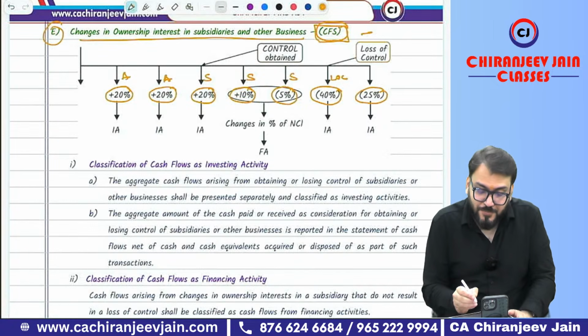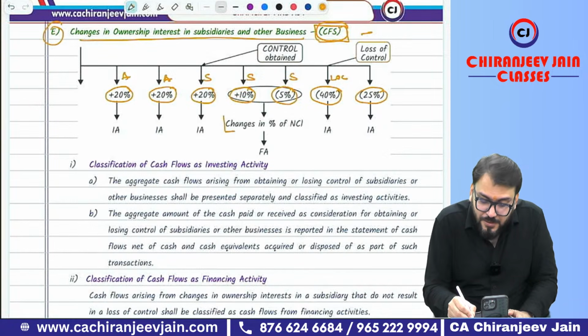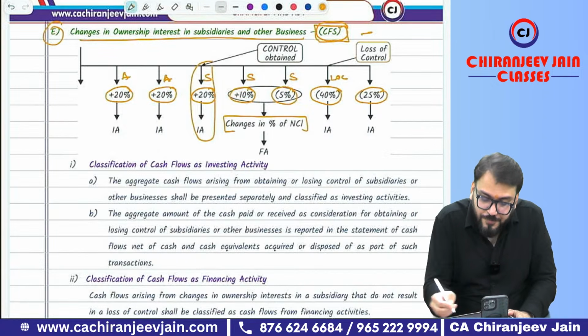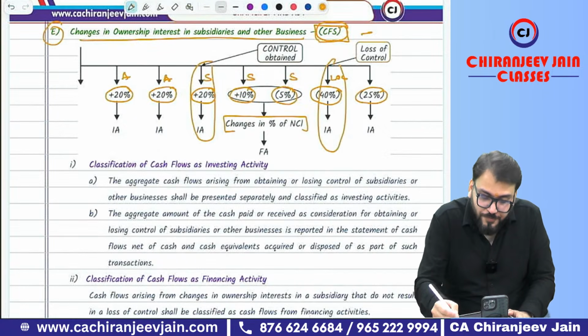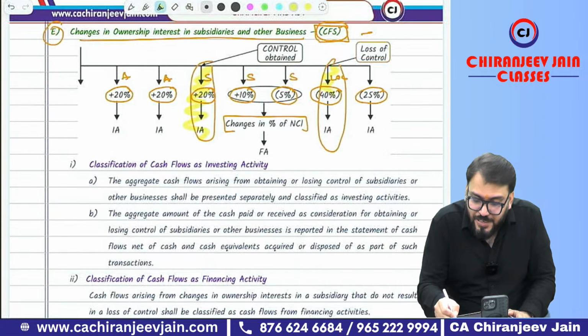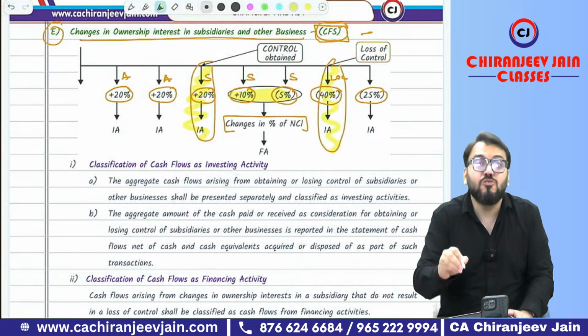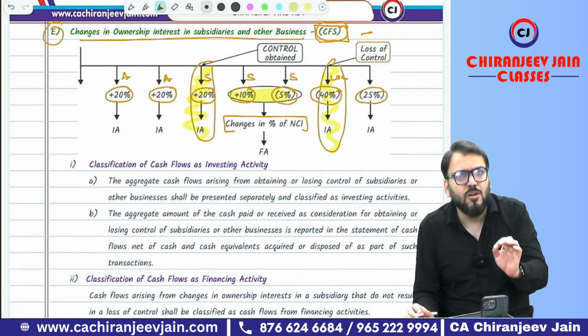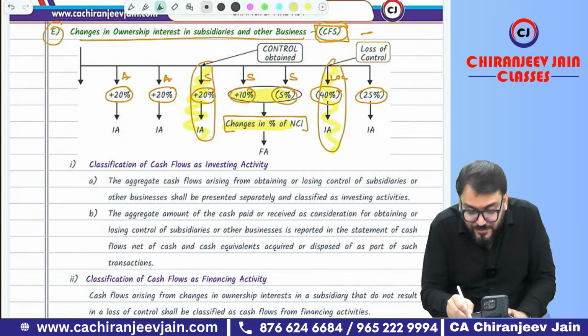Now, at this point the control was obtained, and here there was loss of control. Are you getting what I am saying? So the changes in between are changes in non-controlling interest, and non-controlling interest is equity. Therefore, this will be treated as financing activity.